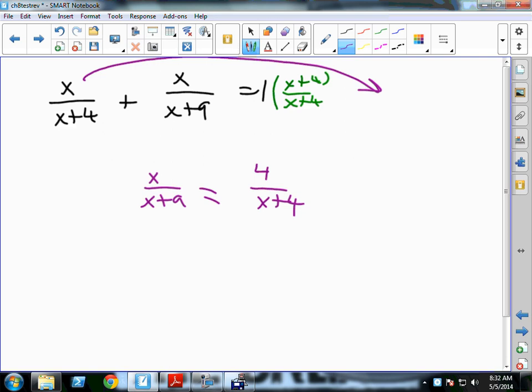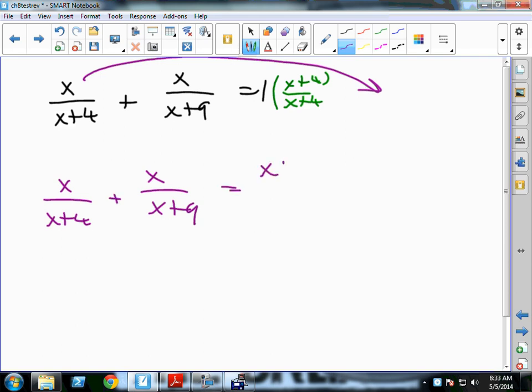Let me fill in some of the steps here. What I've got going on is x over x plus 4 equals x over x plus 9 plus, no, plus that, equals x plus 4 over x plus 4.